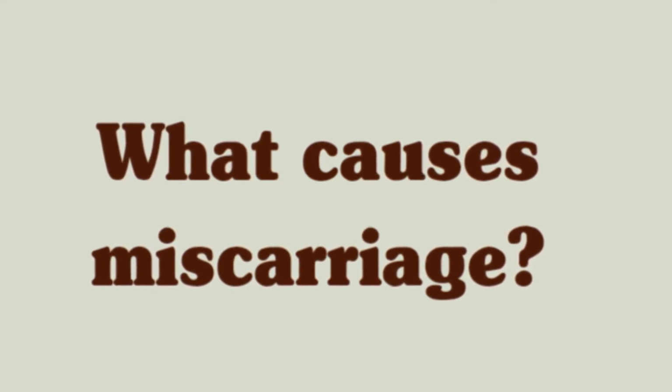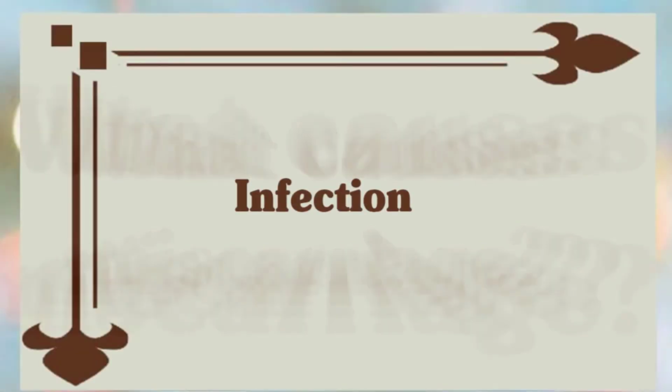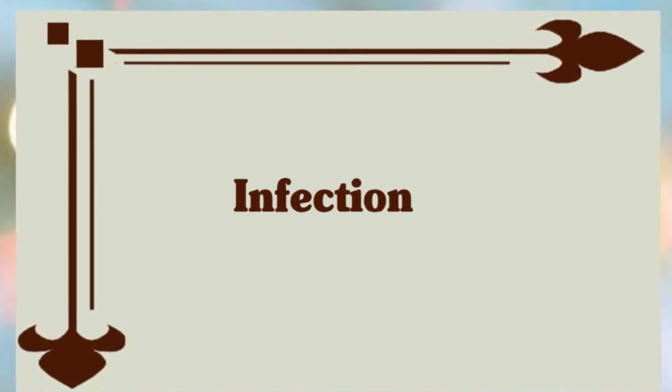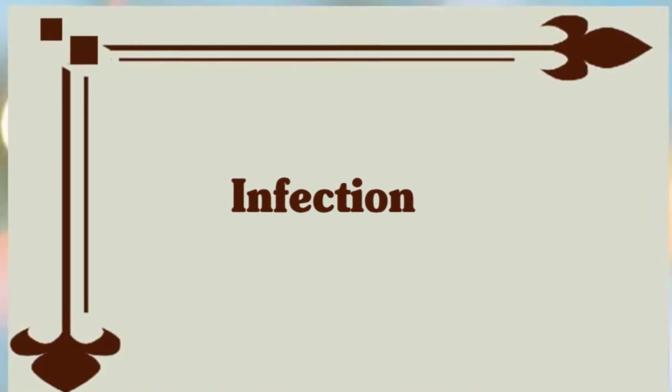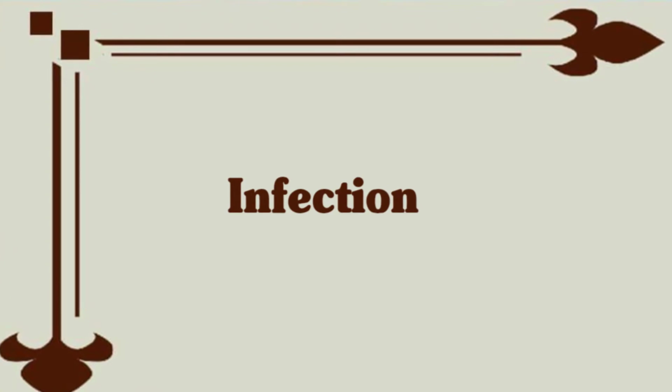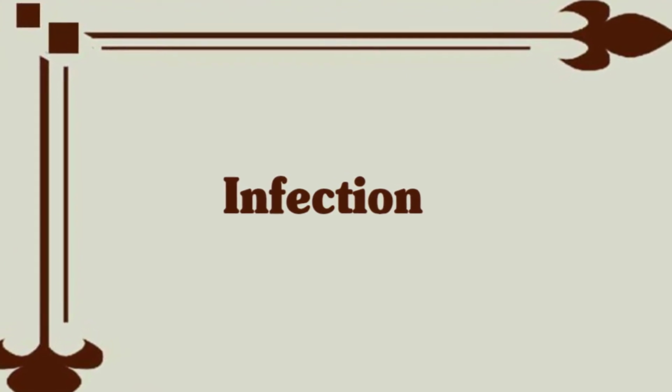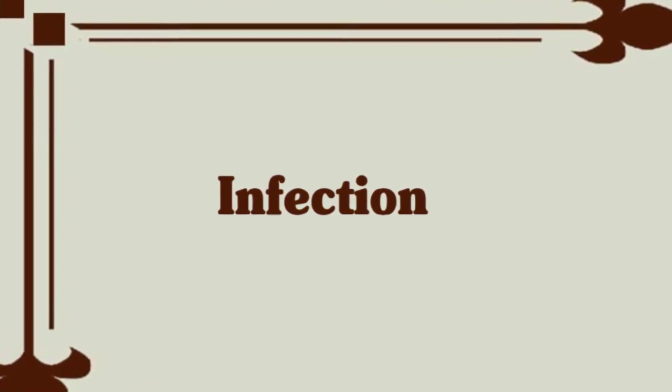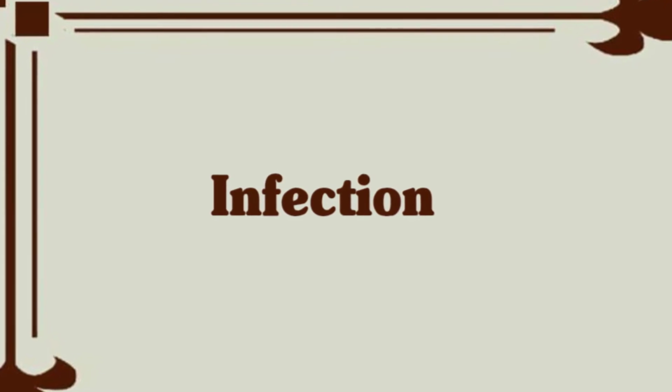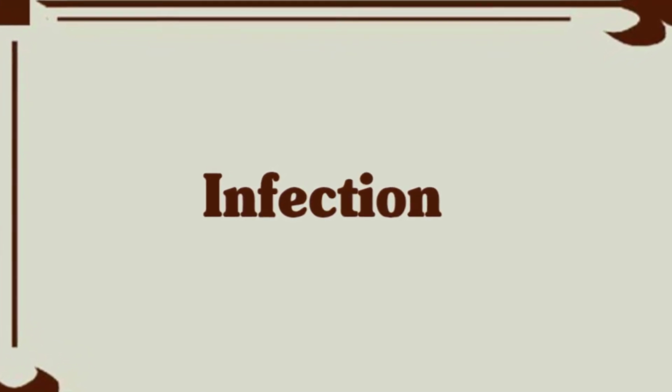Miscarriages are also caused by a variety of unknown and known factors such as infection. During pregnancy, some common infections like the common cold or a skin infection don't usually cause serious problems, but other infections can be dangerous to you, your baby, or both. Some infections may lead to preterm birth and low birth weight babies.